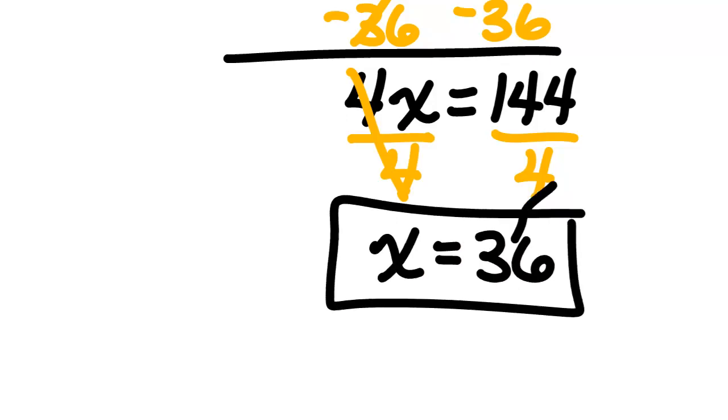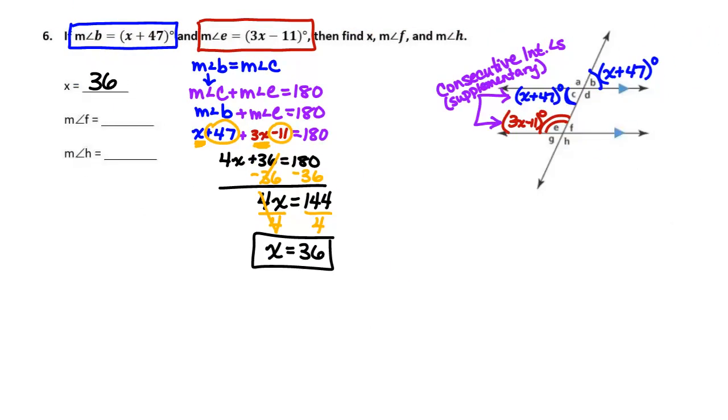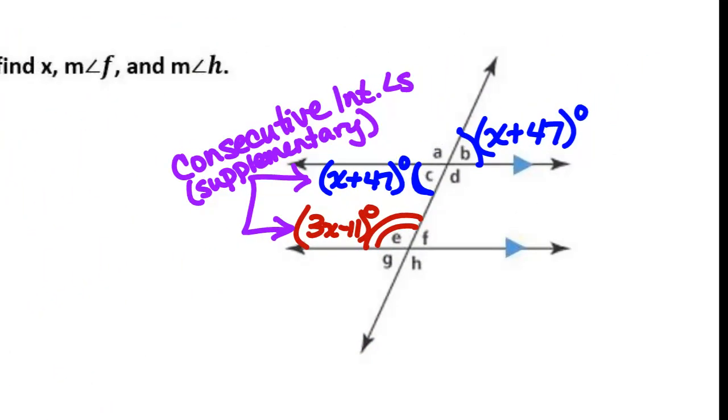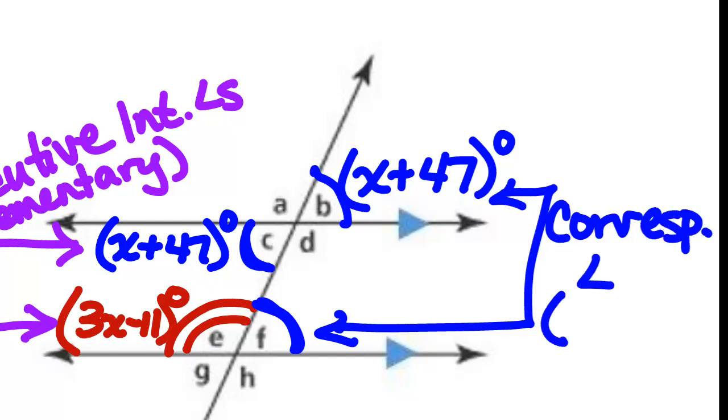No degrees symbol on that because x is not an angle all by itself. Then they asked me to find the measurement of angle F and the measurement of angle H. Well, F is a corresponding angle with angle B. And those are congruent.